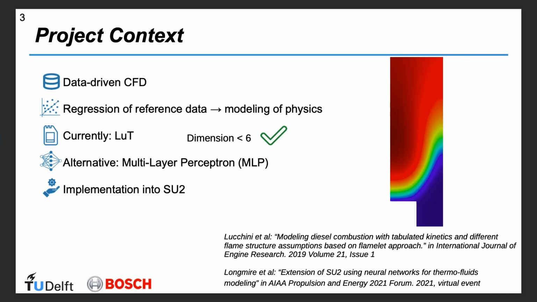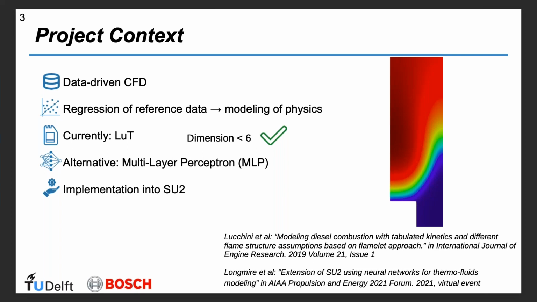So an alternative method, which is also rising in popularity, is the multi-layer perceptron, the MLP, or artificial neural network. The MLP has the advantage that it's much more memory efficient and works with a variety of data compared to a lookup table, with the catch that it's more difficult to construct.